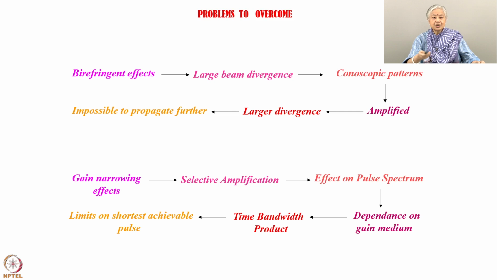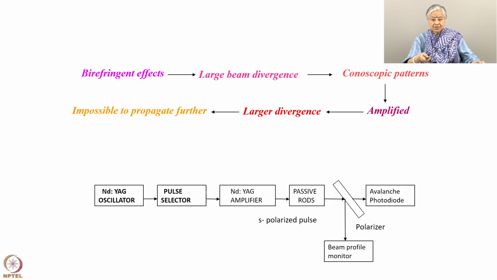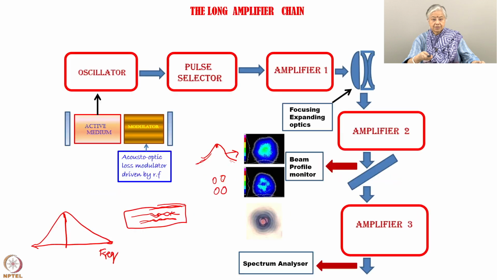Here, I have just put down the problems to be overcome, which I mentioned in the previous slide. In the previous slide I spoke about the birefringent effect. This is the birefringent effect. This happens because of birefringence that is induced in the amplifying medium. Okay.